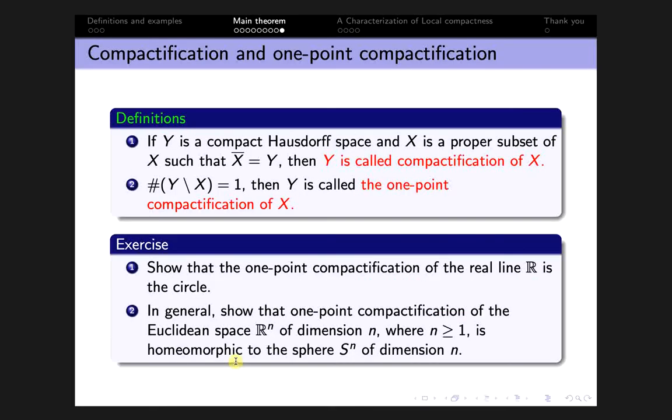Now we have the definition of compactification.